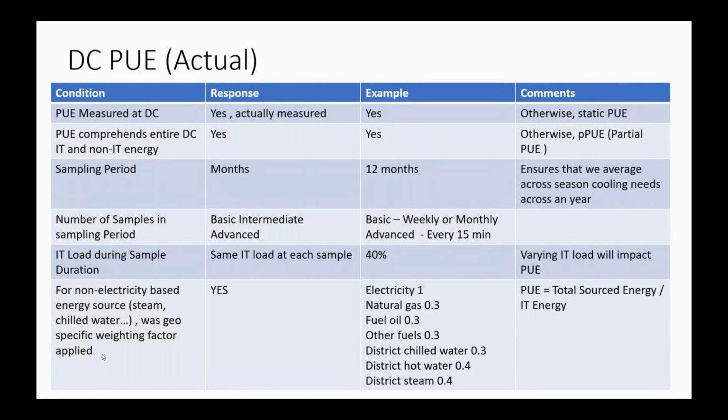Here we are also specifying that we want the same IT load at each of the samples. But in a realistic DC, if we are taking a large number of samples, the IT load is continuously changing. And if it is a large number of samples, that will actually reflect the real IT load anyways. Fantastic observation. Truly fantastic observation.